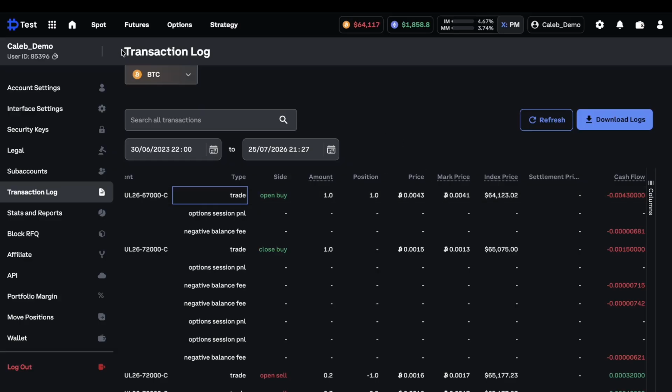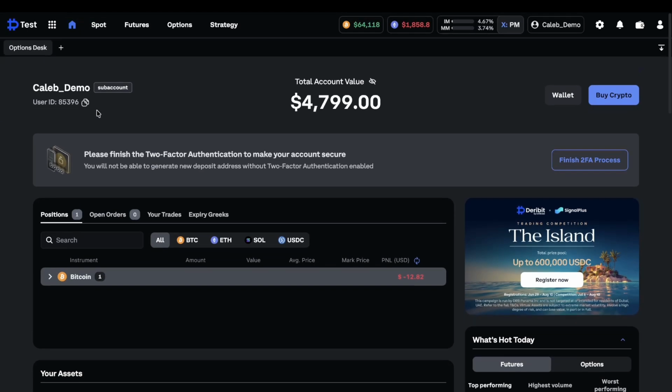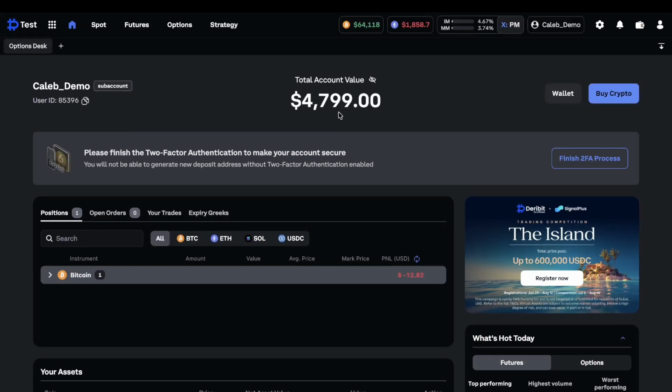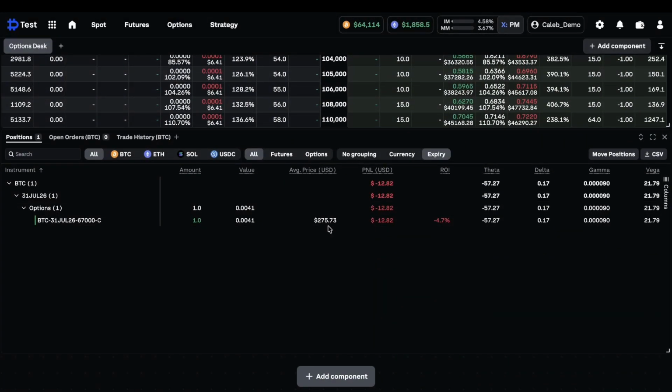Because if I go back here, we should still have 4,800 basically, right? So it's not like your money here is going to disappear, but that's how much it costs you to open the position. So it costs you about $200 and something to open that position, one contract.